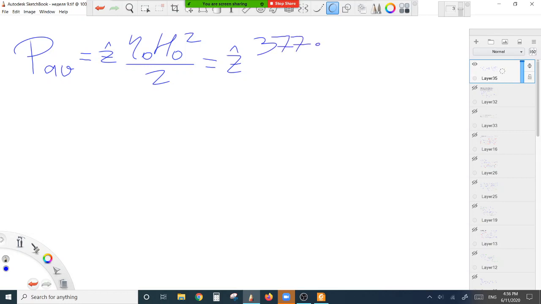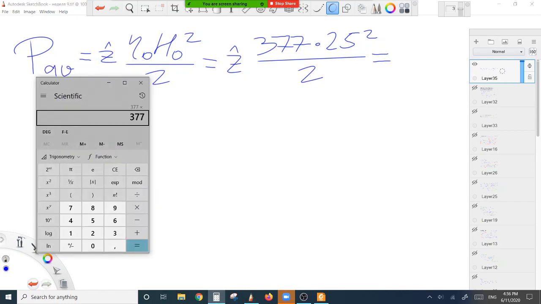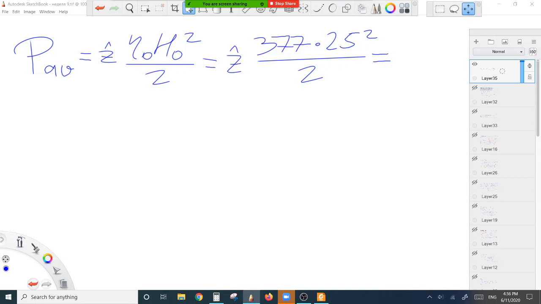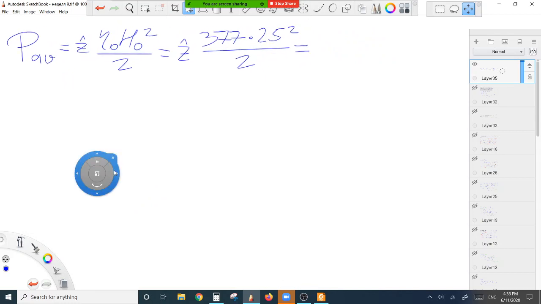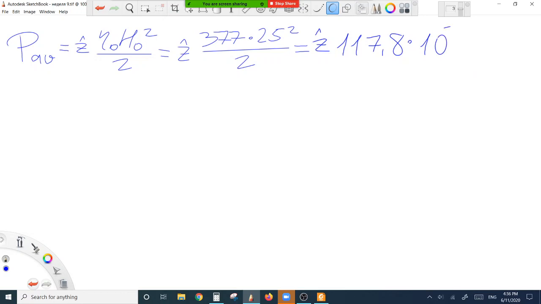Okay, 377 multiplied by 25 squared over 2, and this is equal to z 117.8 multiplied by 10 to the power 3 watt per meter squared.